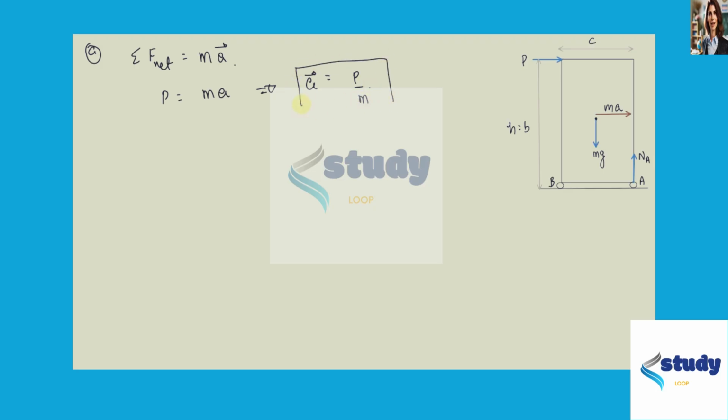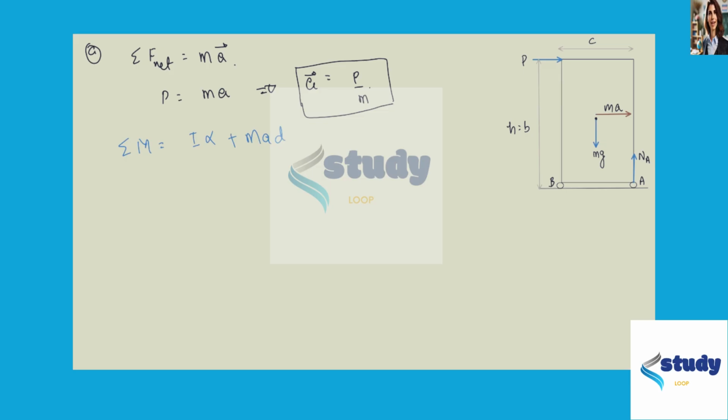Now next we'll be applying the equation of motion in terms of moment at point A. So we can write that sigma M is equal to I alpha plus m a d, where alpha is the angular acceleration about the mass center and I is the moment of inertia about the mass center, and d is the perpendicular distance between the point of rotation and the ma component.